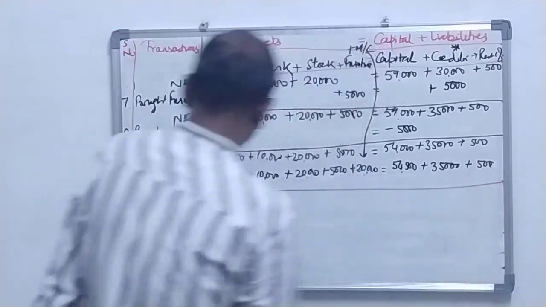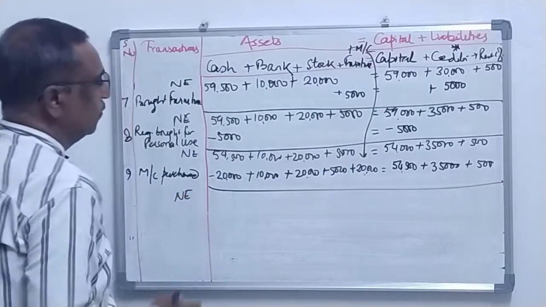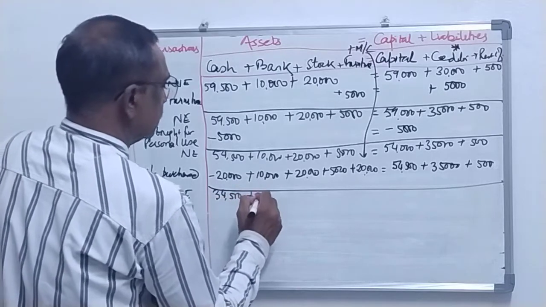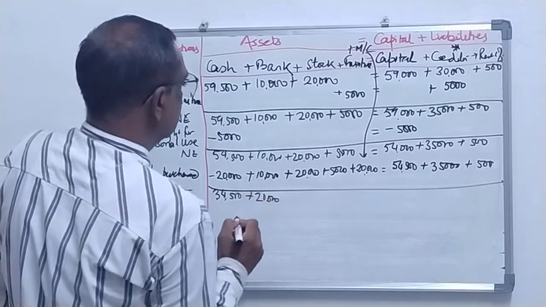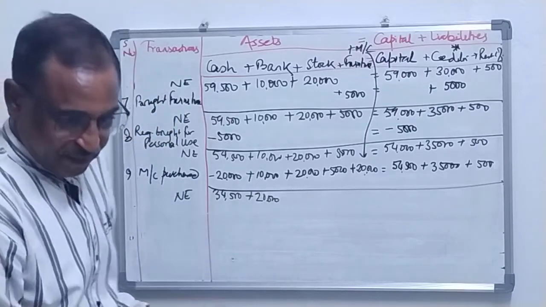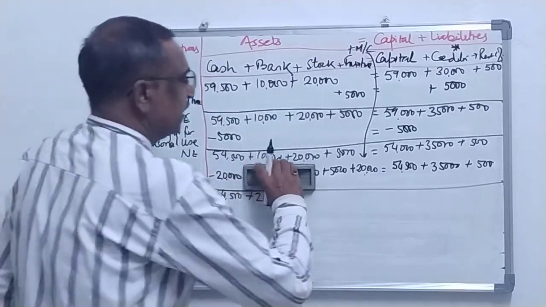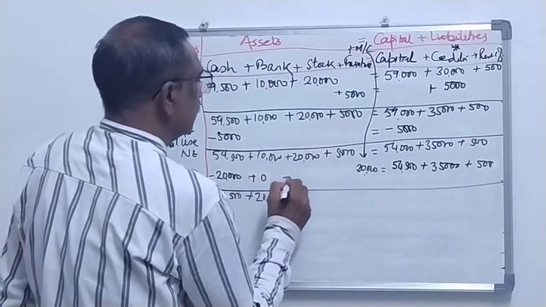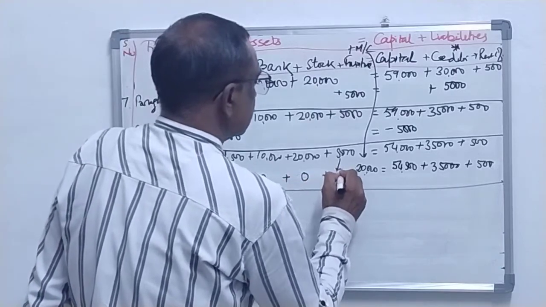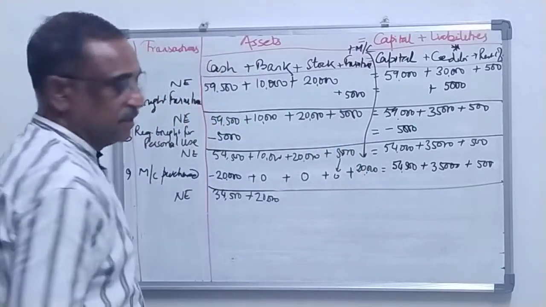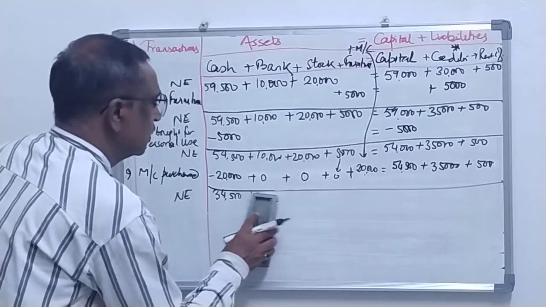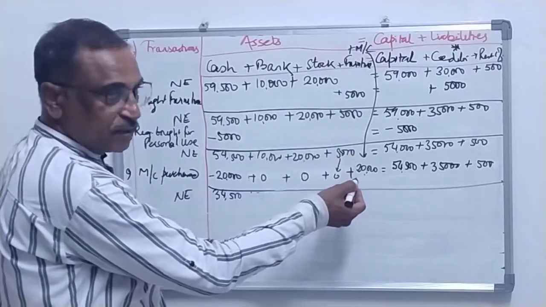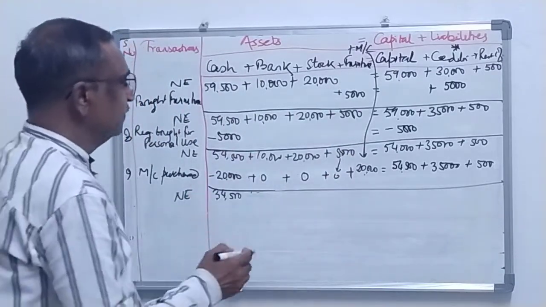Now our new equation becomes 34,500 plus 20,000. Sorry, I have made a mistake. These were not supposed to be written here. These are plus 0, plus 0, plus 0, plus 20,000. In order to make way for writing 20,000, I made this mistake.